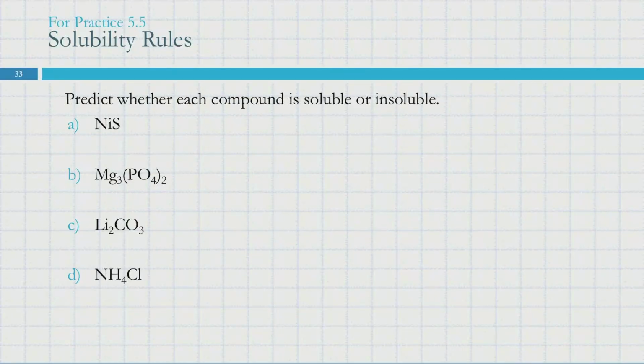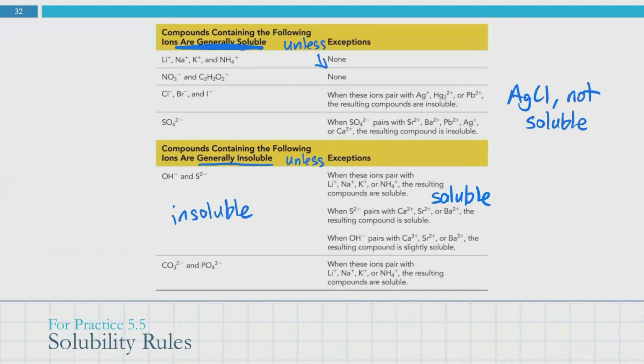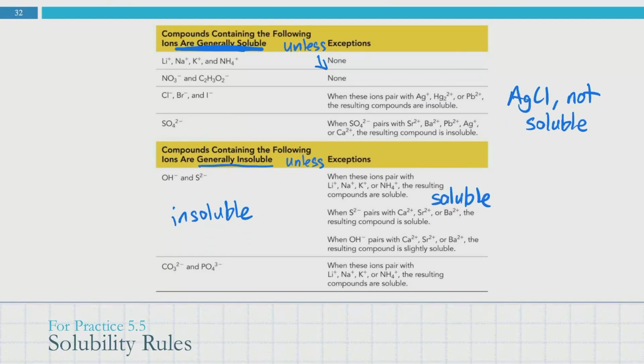So NiS, if we look at our green sheet, hopefully you have your green sheet handy. Most of us don't have our green sheet handy. So NiS, typically you're not going to find metals on there, or not a lot of the metals. So we find S2 minus.